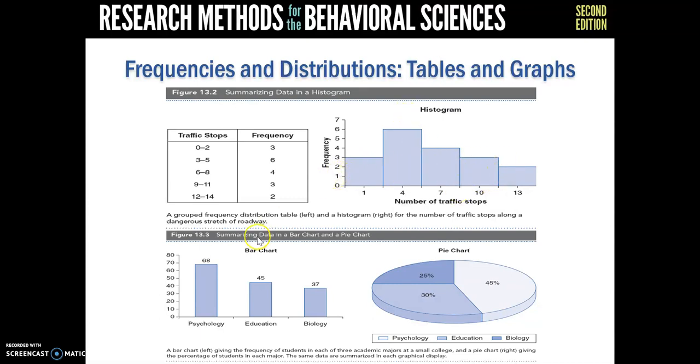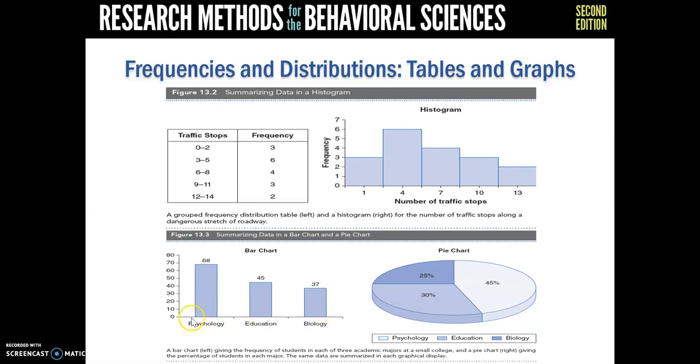Please distinguish between the histogram and the bar graph. A bar graph is another type of frequency display, but it is more specific, often used for specific categories or groups. Let's say you have 3 groups, psychology, education, and biology.